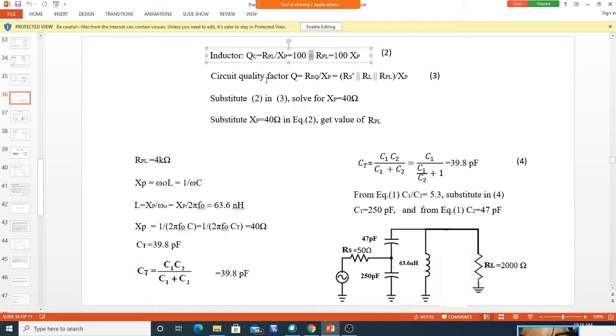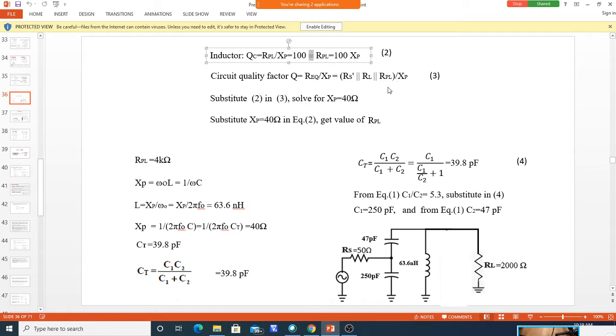Next, you go to the circuit quality factor. The circuit quality factor we also know, that is given by Req divided by XP. And what is Req? It is RS dash in parallel with RL in parallel with RPL, because we are using the tapped C transformer, so RS increases to RS dash. Divided by XP.